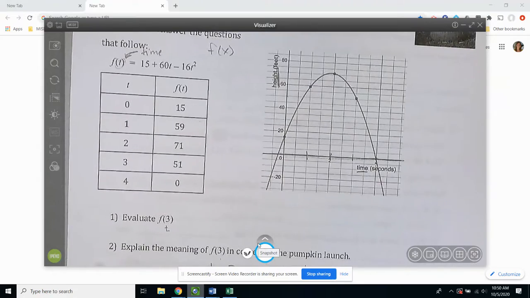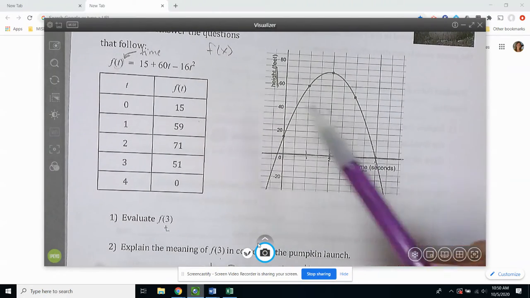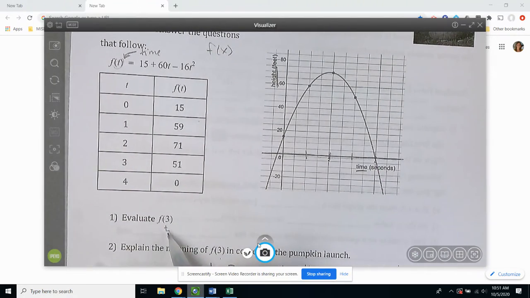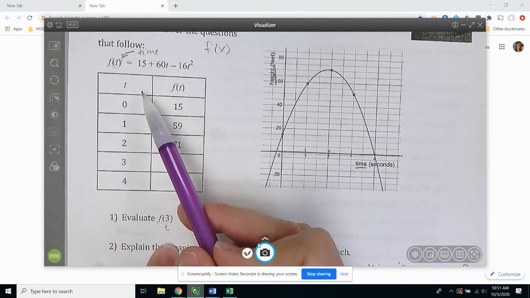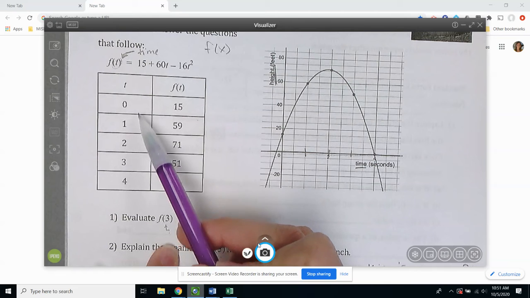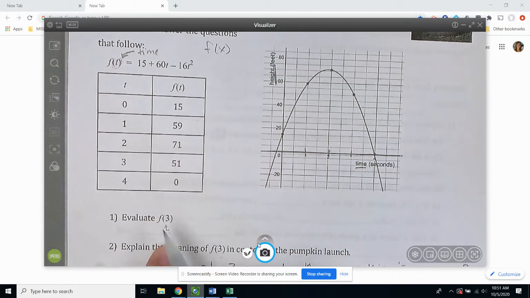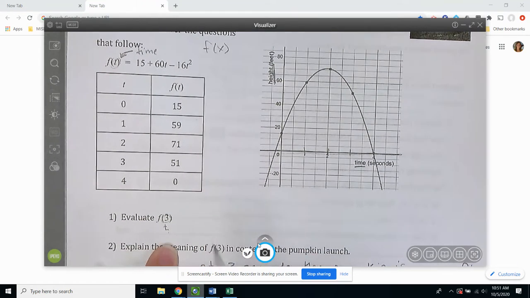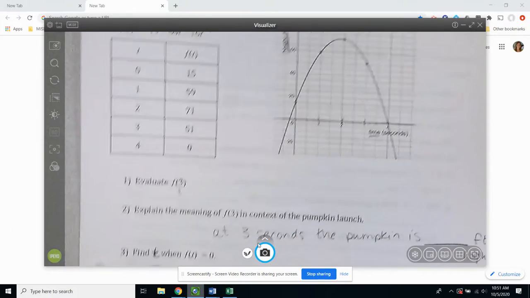Now another way you could do this is instead of looking at your graph, you could look at your table. So this says your t value. So if you go to t, this is 0, 1, 2, 3, 4 seconds. So this is asking you at 3 seconds, what is your y value? So you can figure it out that way as well.